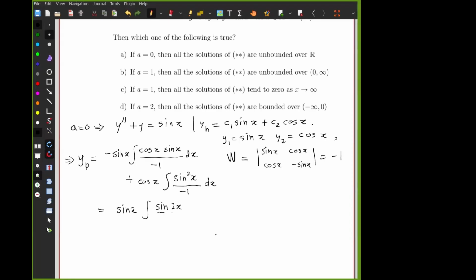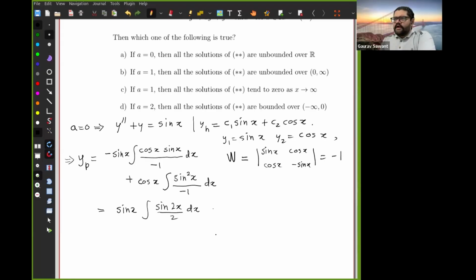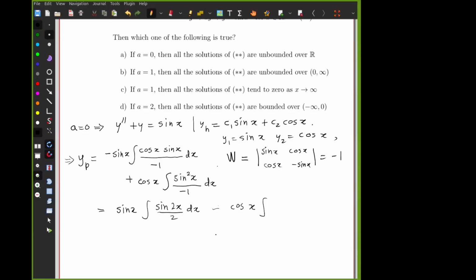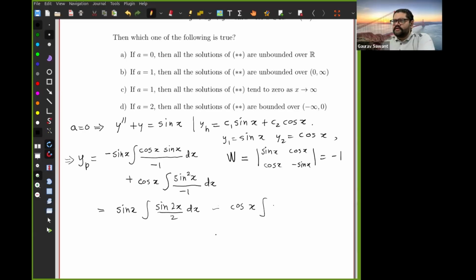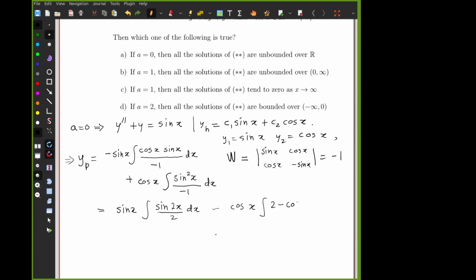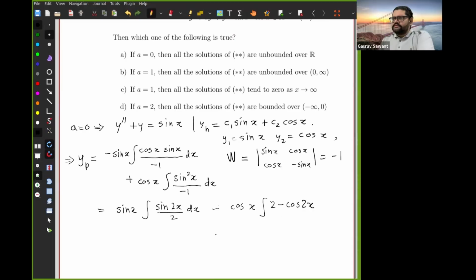Yes, sir. dx, and plus cos x, and then there is sin square x minus cos x. So what does sin square x convert to? 1 minus cos 2x over 2, right? dx. Okay, and now dealing with them is straightforward.